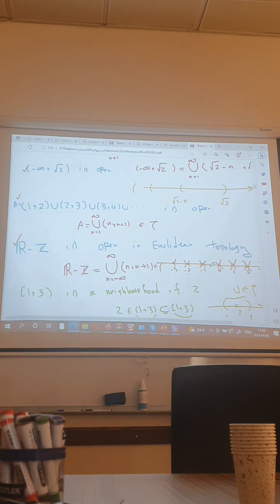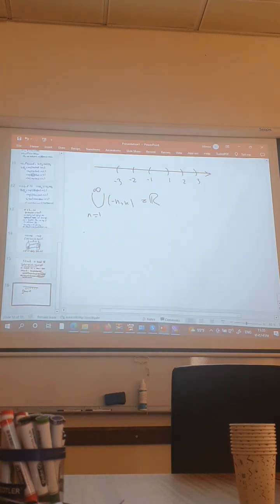And so Z is closed in any topology. If X and tau is a topological space, A belongs to tau if and only if A is open, okay?